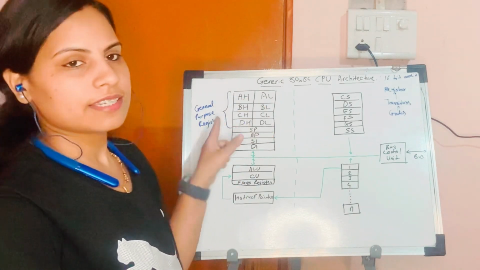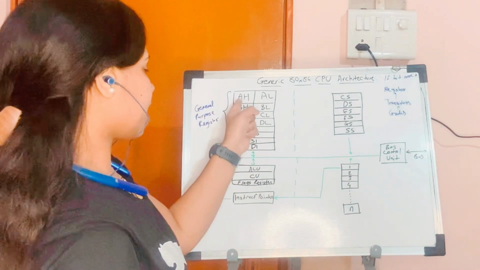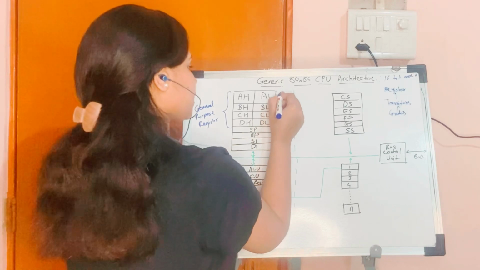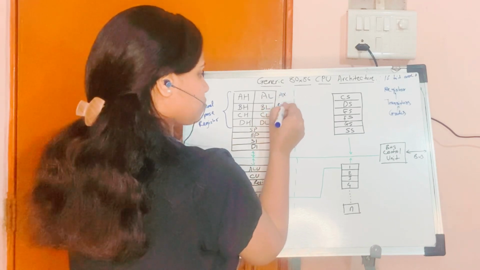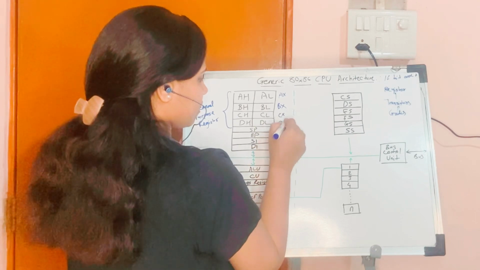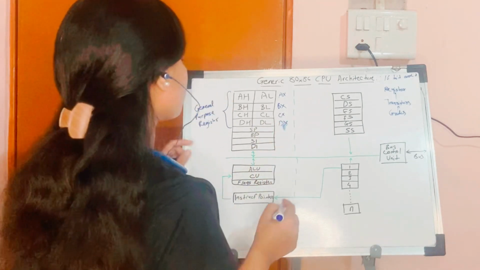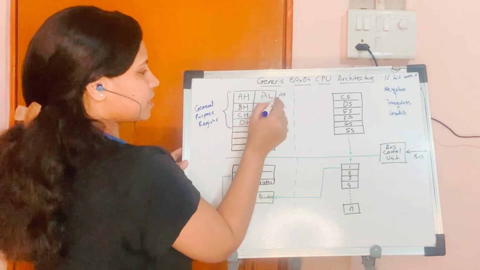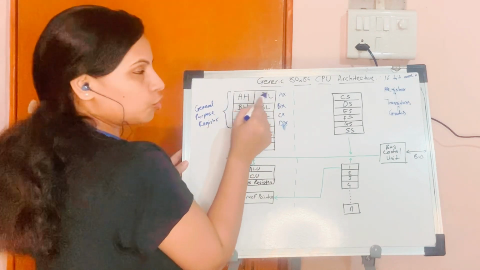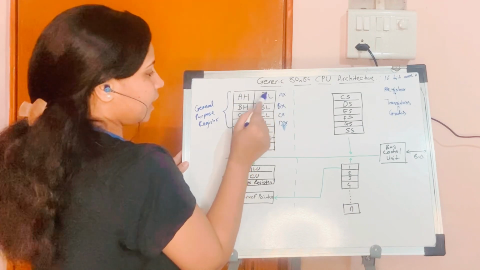These are 16-bit registers: AX, BX, CX and DX. AX, if required, is divided into two parts, AH and AL.